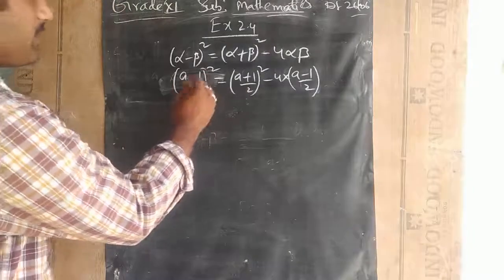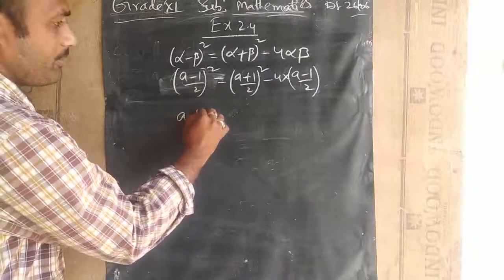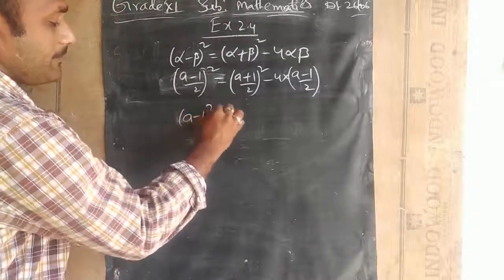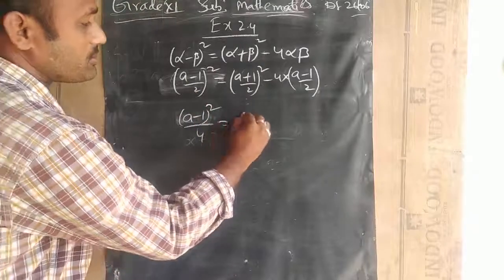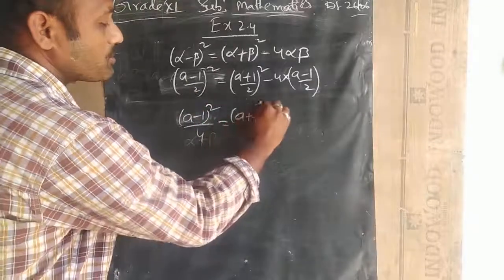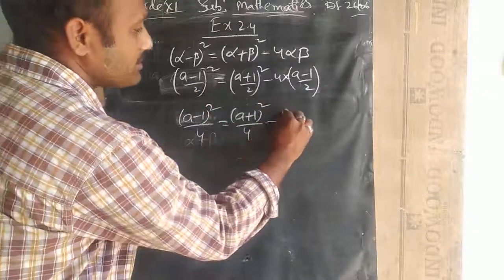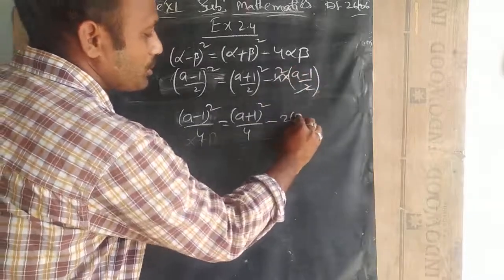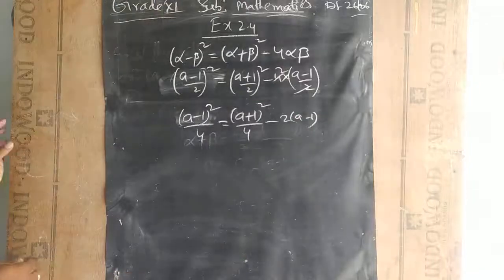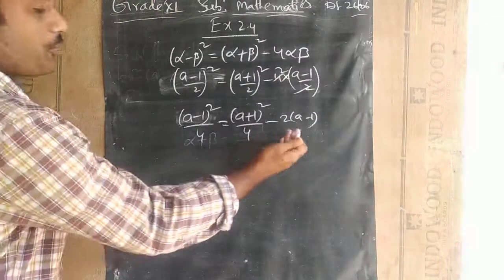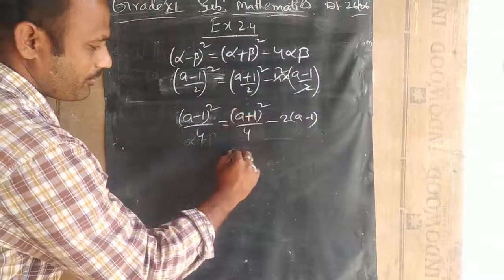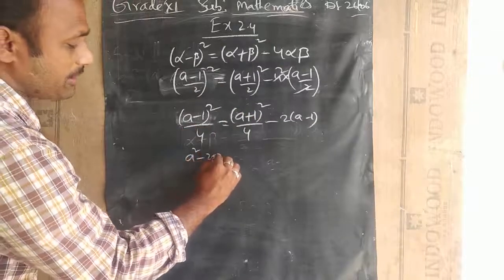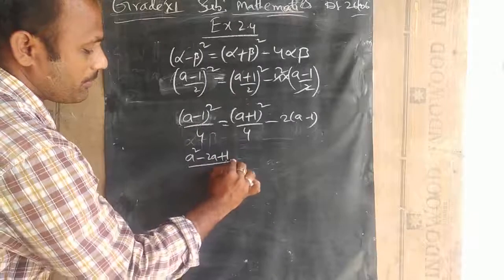Now, if I expand this, (a − 1)² by 4 is equal to (a + 1)² by 4 minus 2 ones, 2 twos, 2 into (a − 1). So the LCM is 4. If I expand this, we are going to get (a² − 2a + 1) by 4.